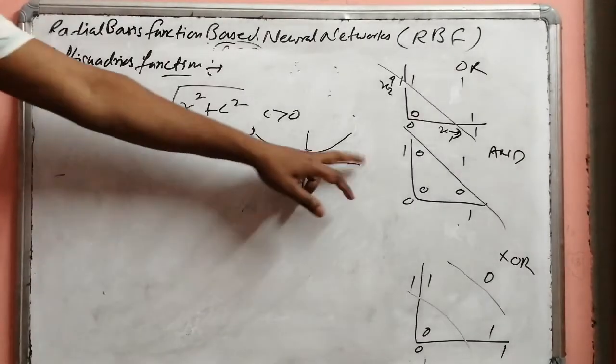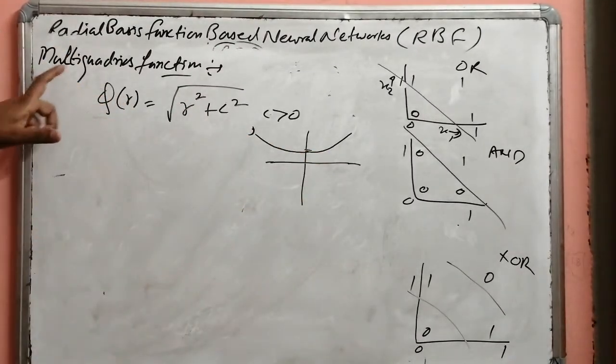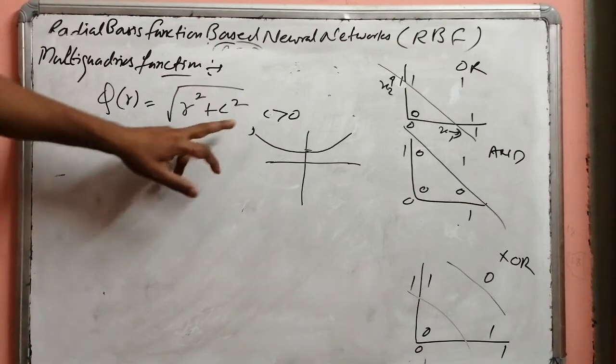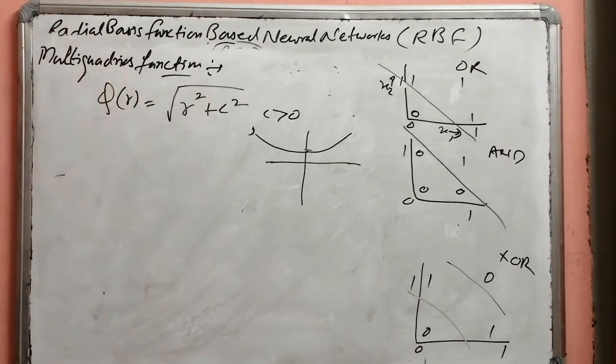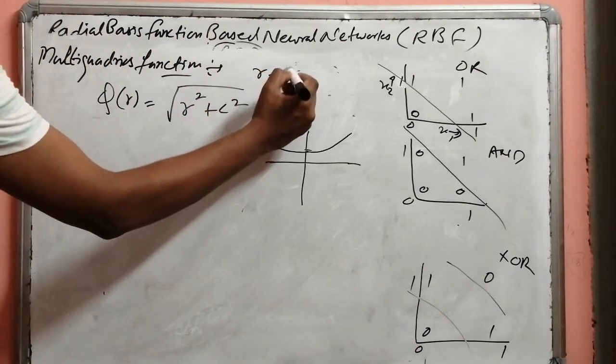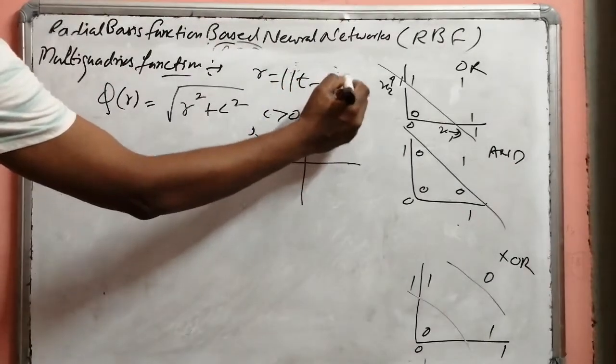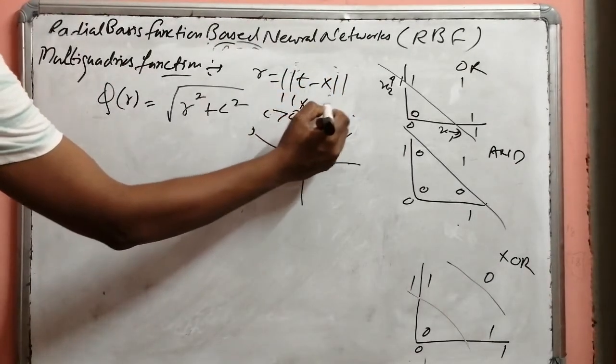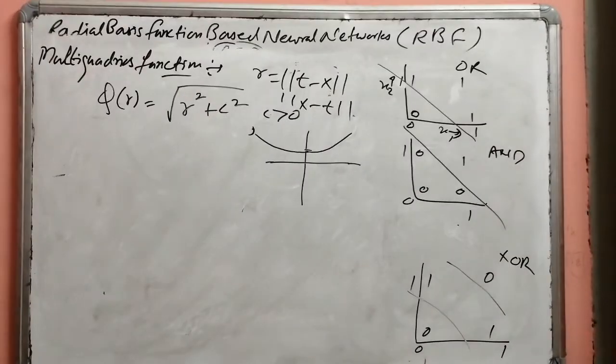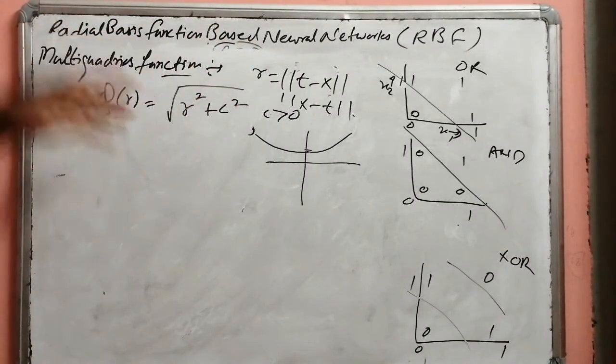So this is the overall shape of your multi-quadrics function, where r was equal to t minus your actual pattern, or you can say actual pattern minus t, where t is your receptor. Both are one and same thing.